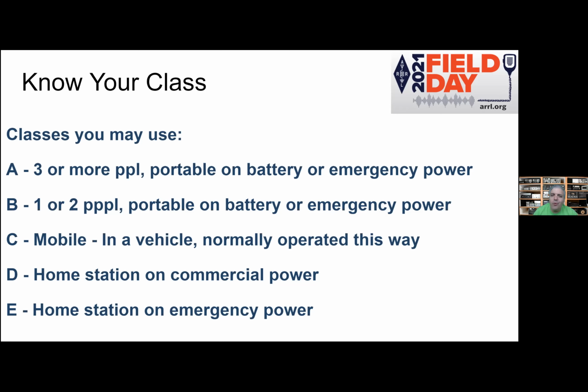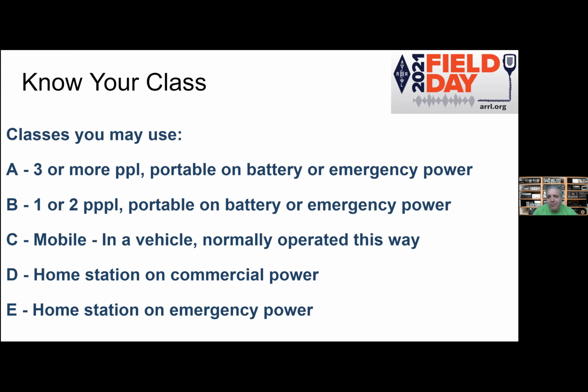The one way I've had it explained to me is, to be truly portable, you probably had to travel a little bit. You probably had to haul some equipment from the car. You probably don't have access to a flushing toilet and a microwave. So portable is like you've gone to a park or some place where you wouldn't normally operate, some place where you're not going to have access to the normal amenities.